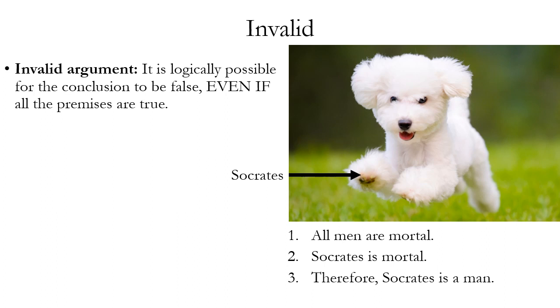Then, even though the premises are true, all men are mortal, and Socrates too is mortal, Socrates the dog is mortal, but it does not follow that Socrates is a man. In this case, he's actually a dog. However, even if we were talking about the human Socrates, the argument would still be invalid because of its logical form. Even if the premises are true, those premises don't prove the conclusion is true. That's what makes it invalid.